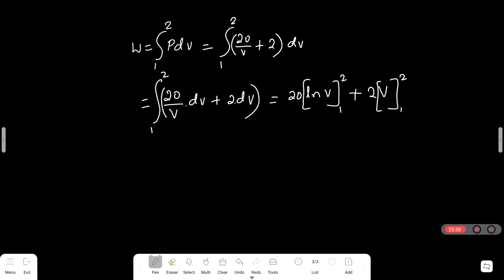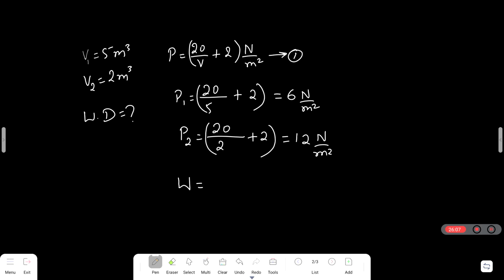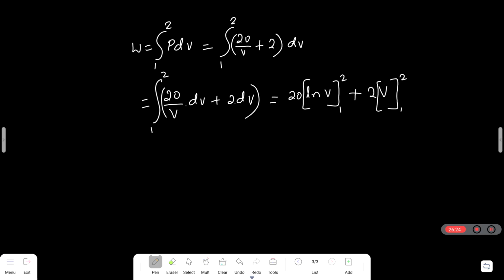Since we are integrating between the limits 1 and 2, initially V1 is 5 meter cube. Final volume is 2 meter cube. All you have to do is substitute the same.